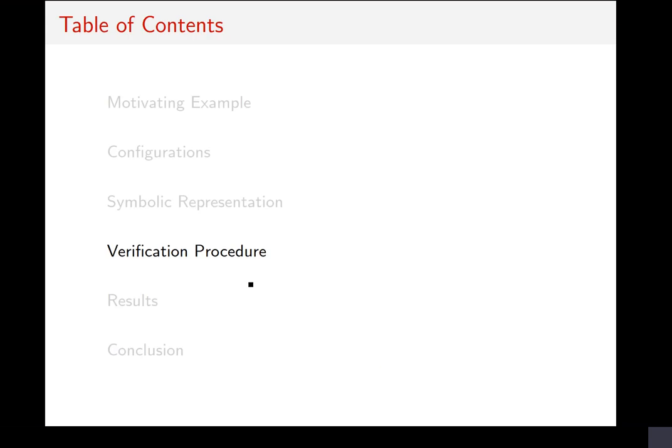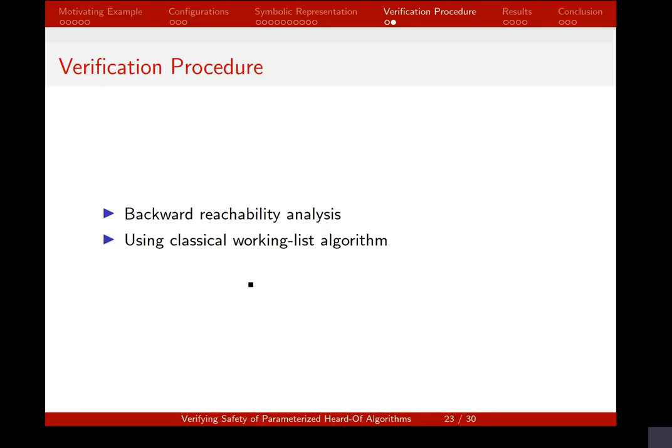Our verification procedure is as follows. We use a backward reachability analysis with a working list algorithm. Briefly, it works like this. We start from some bad constraints and then apply all the possible transitions in the system to them and compute the predecessors, and then repeat this process until we reach the initial state.